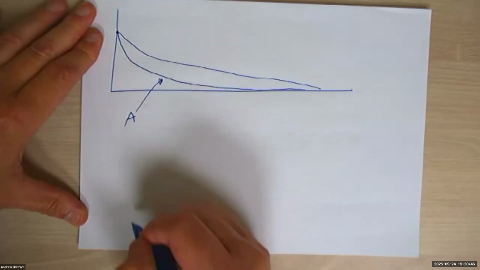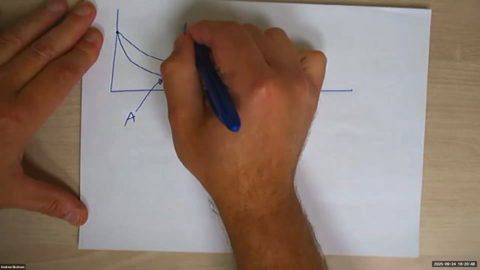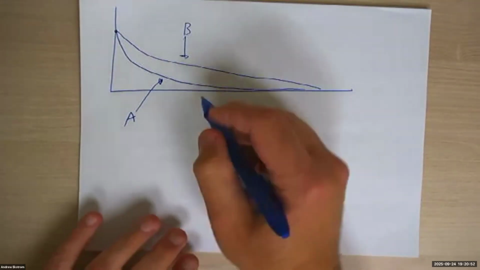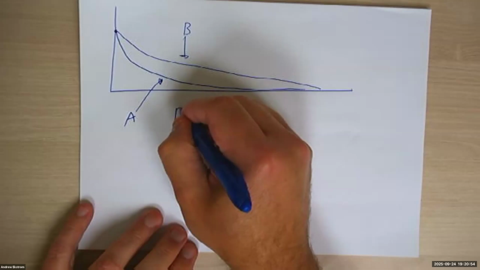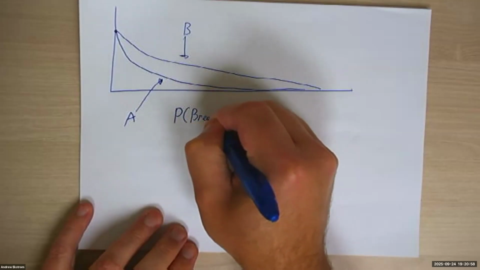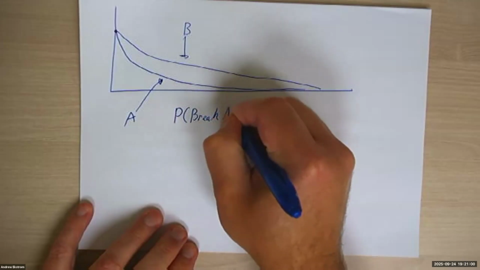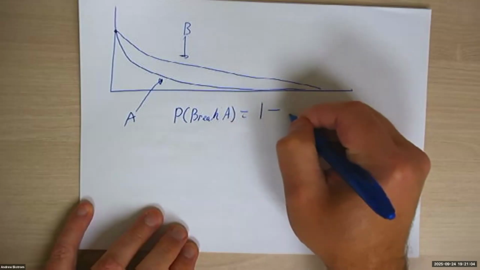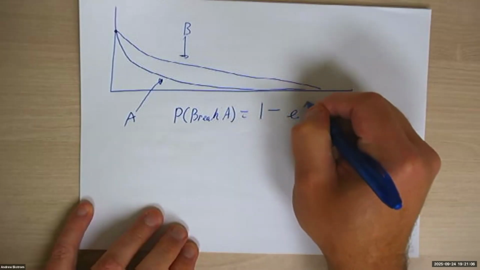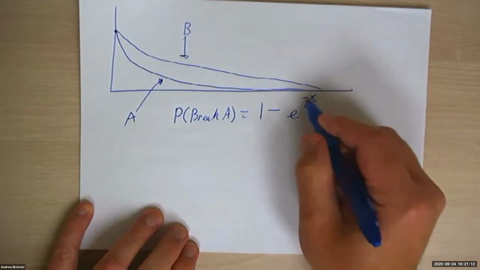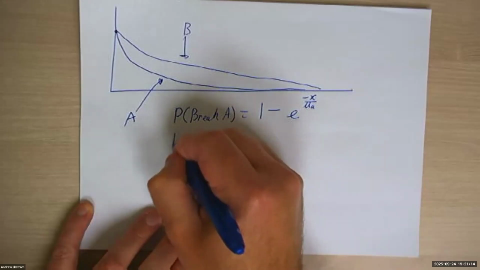I'm going to call this condition A, and this is going to be condition B. For both of these, let's say the probability that something's going to break under condition A is going to be 1 minus the exponential of negative x over mu under condition A.